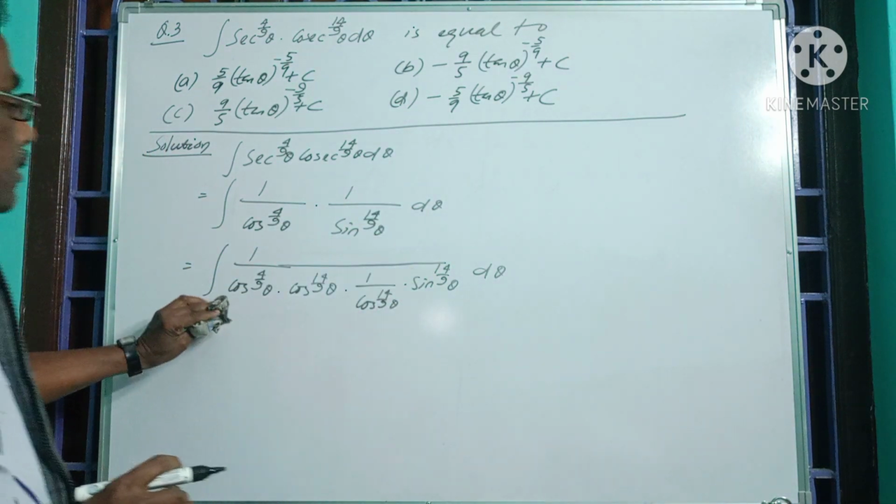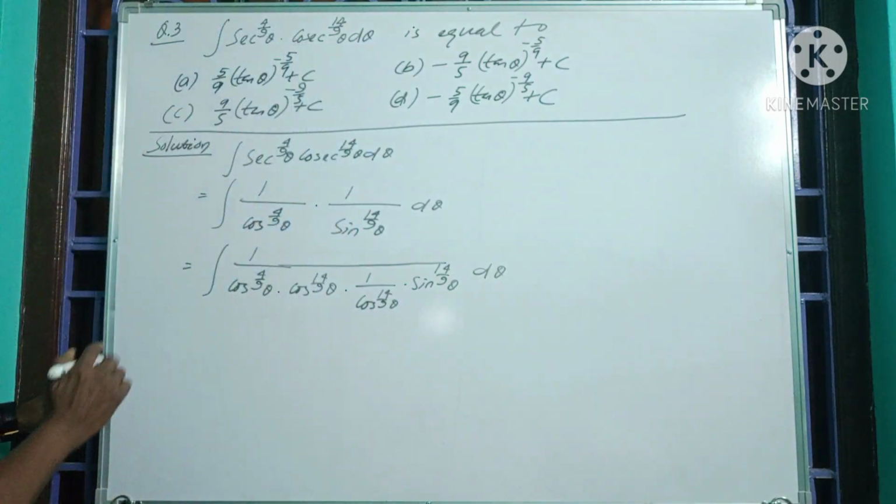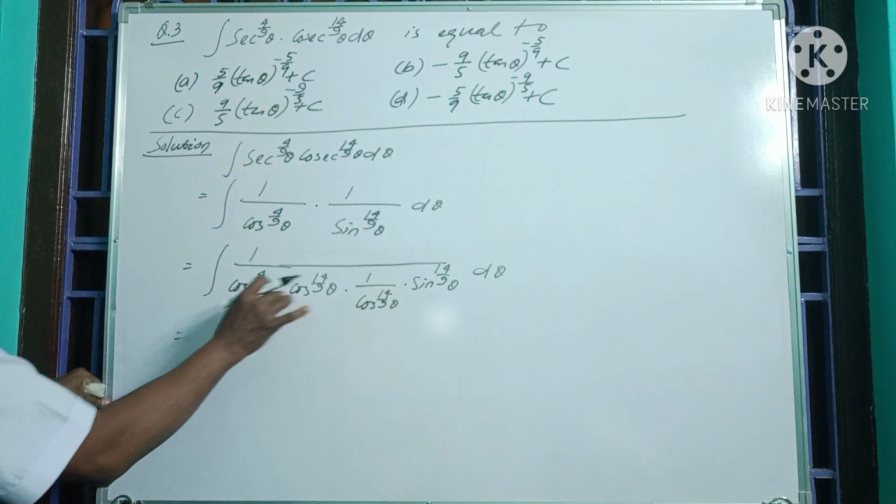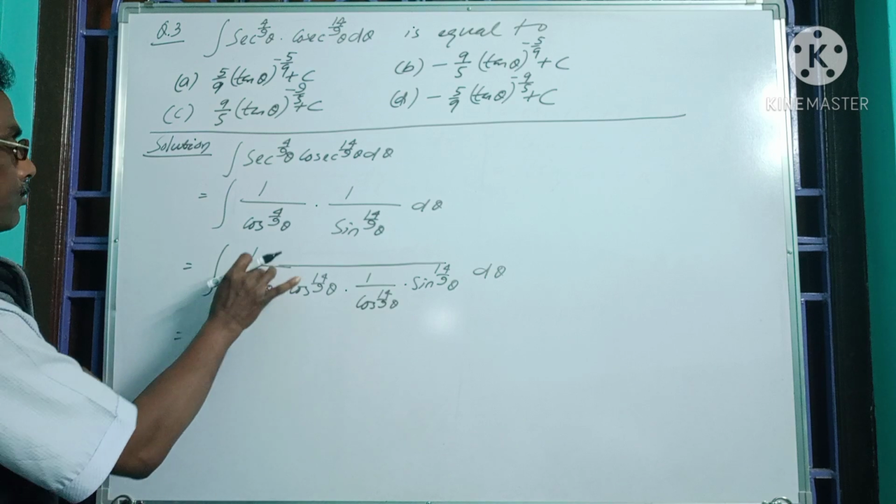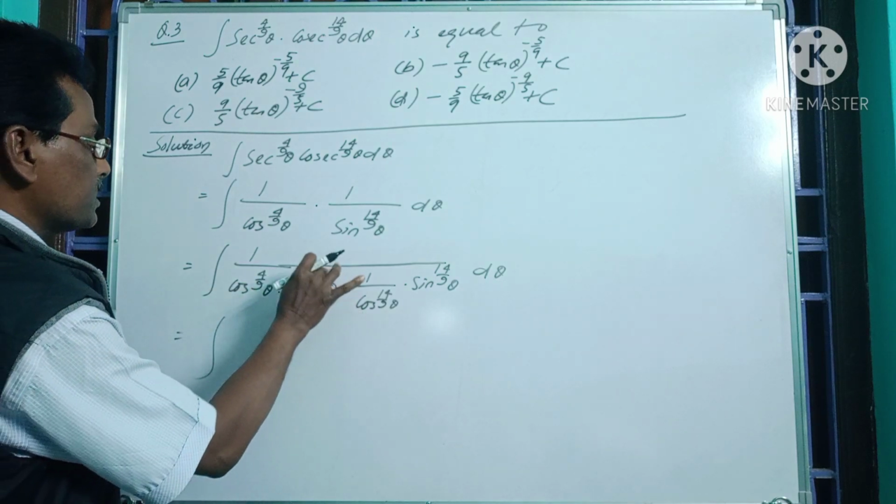So now after adjustment we have the integration of cos theta to the power 4 by 9 and cos theta to the power 14 by 9.